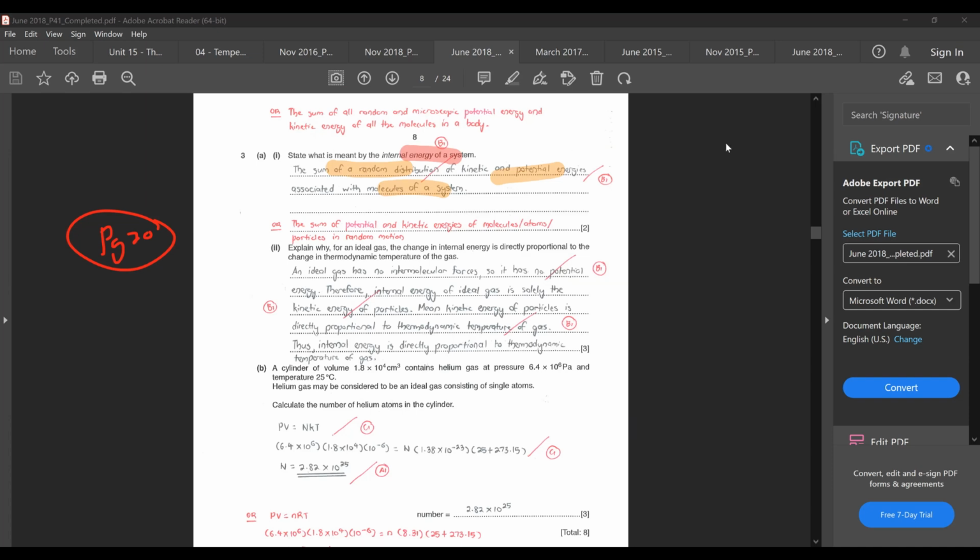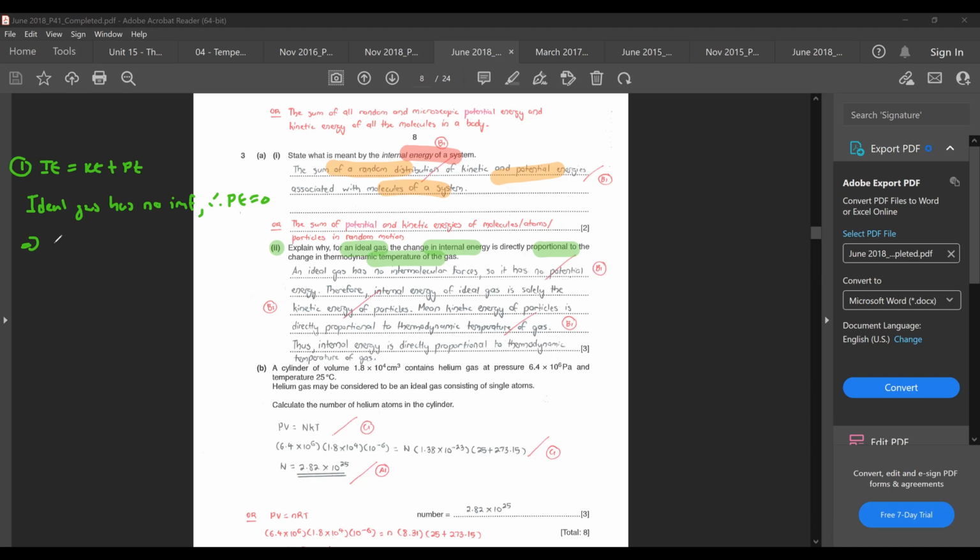Now, in part 2, explain why is it that for an ideal gas, the change in internal energy is directly proportional to the change in thermodynamic temperature of the gas. Now, this one is actually related to that explanation that I wrote for you earlier. So the first thing was internal energy equals to KE plus PE. Ideal gas has no intermolecular force, therefore PE is 0.